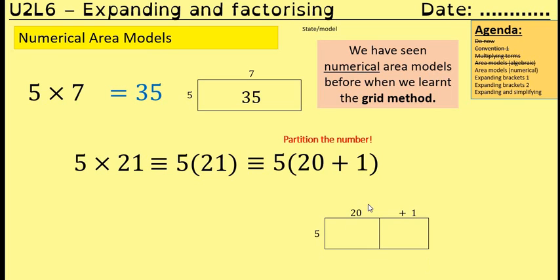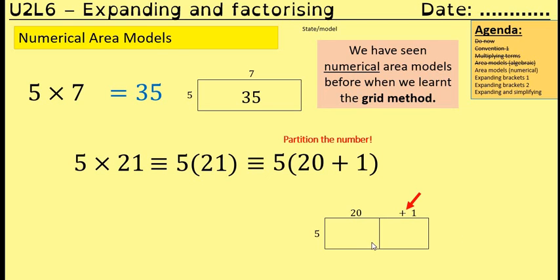So this time my area model will look like this. I've got one rectangle for 5 times 20, and I've got one rectangle for 5 times positive 1. And I have been very careful to make sure I've got my positive there, just in case this will be useful in the future, making sure you've got your positive sign in your area model.